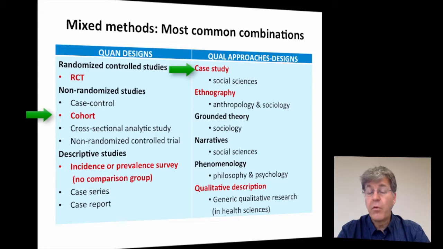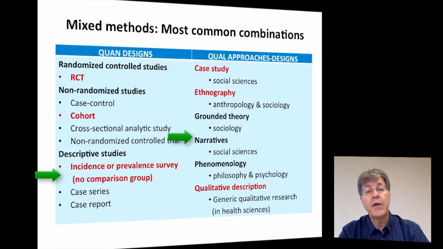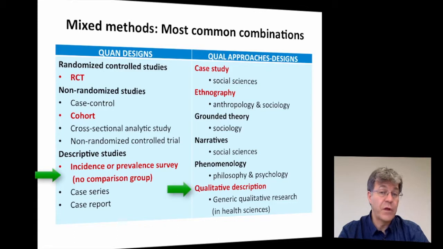Another good example of a common combination is the combination of incidence or prevalence surveys, cross-sectional designs, quantitative, and qualitative descriptive studies. Let's say that you do a cross-sectional survey in January, okay?